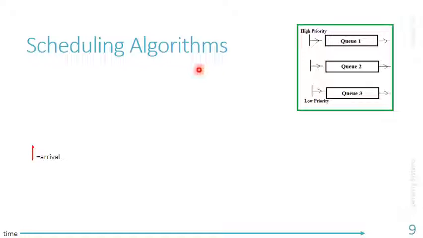Alright, so we're going to move on now. What I've done in class is I've shown this picture and asked someone to try to understand what kind of scheduling algorithm I'm trying to propose. Someone said that they're seeing three queues, three lines here, and there's the keyword priority.